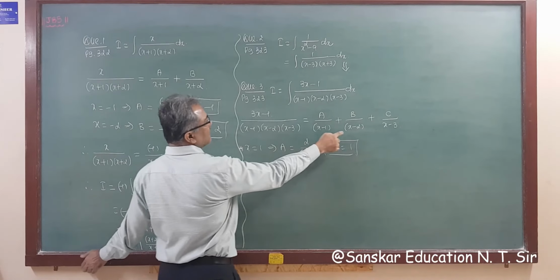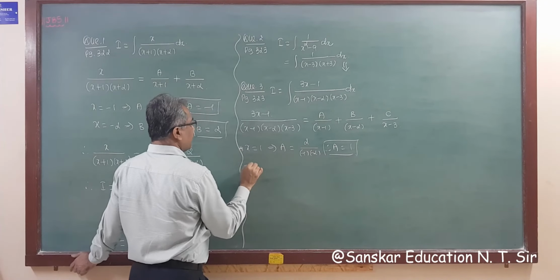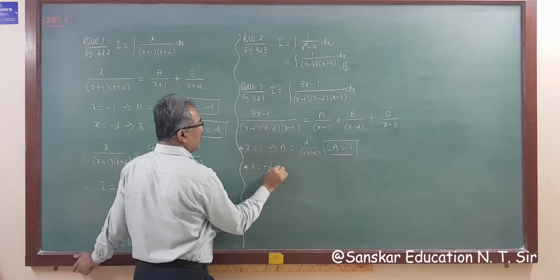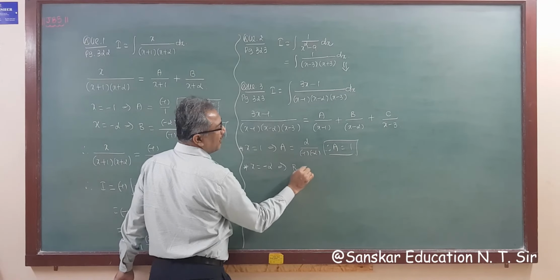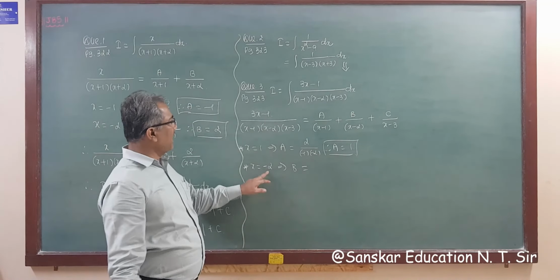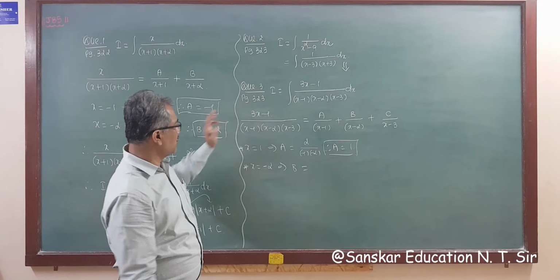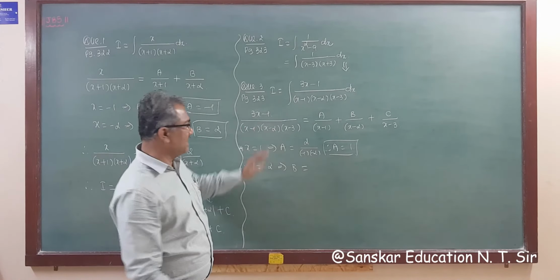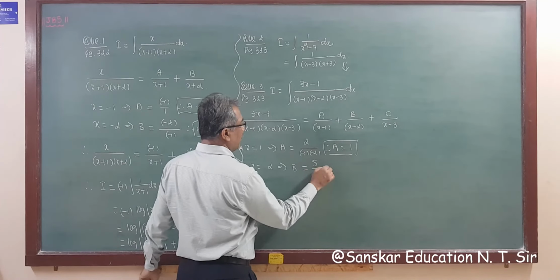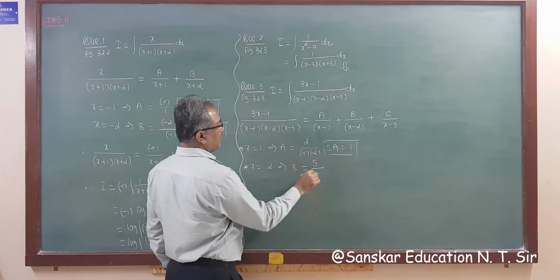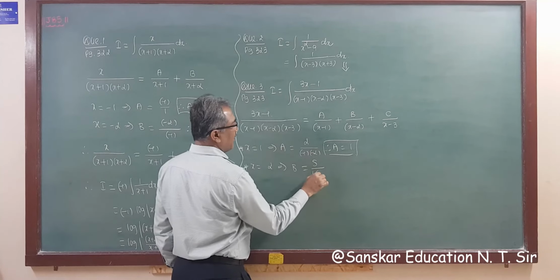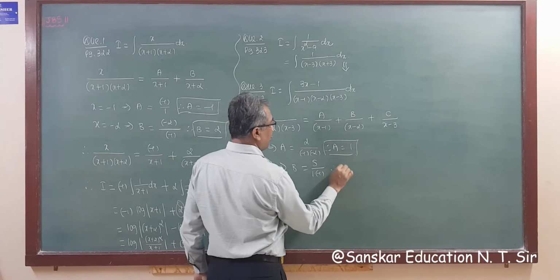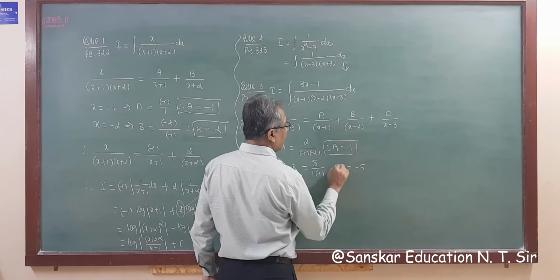Now taking x is equal to 2, sorry, not minus 2, we will get the value of B. 3 into 2 is 6, minus 1 is 5, whole upon (2 minus 1)(2 minus 3), that is minus 1, therefore B is equal to minus 5.